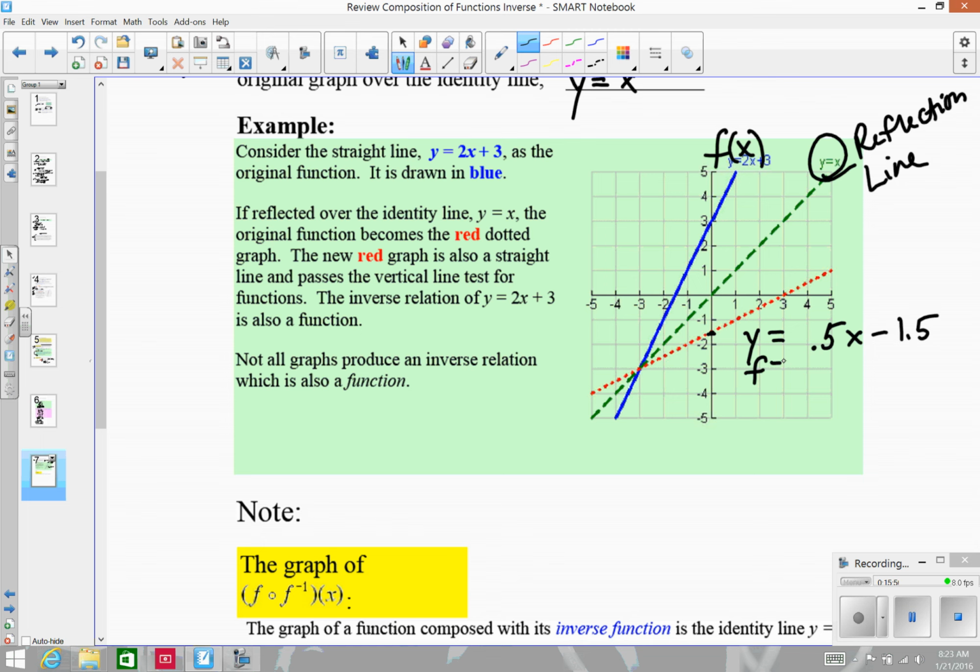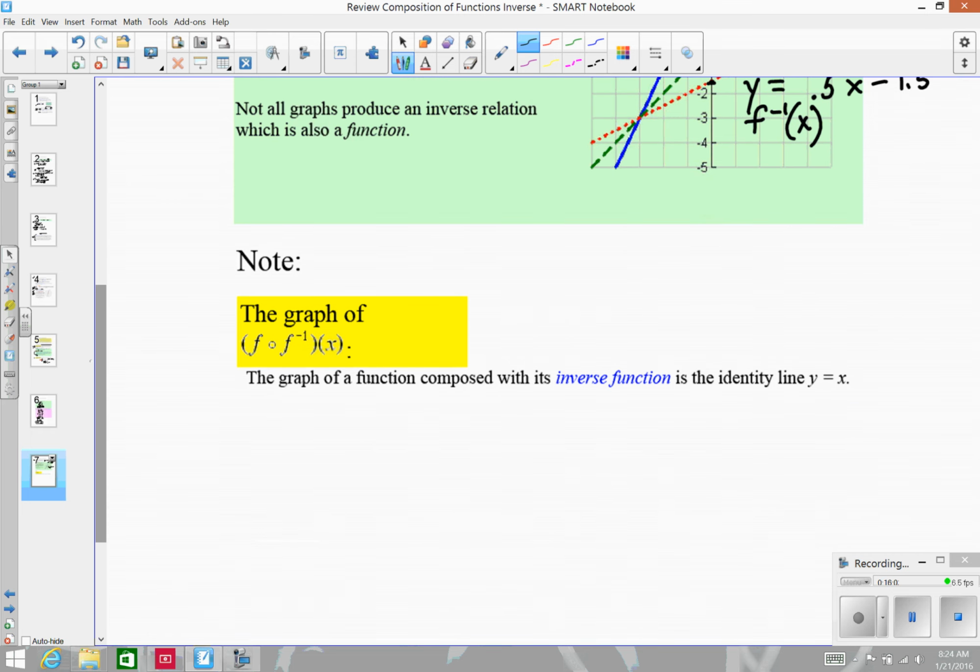I'm going to rewrite this one and call it inverse function of x. Looks like 0.5x minus 1.5. The reason I did that is because down here in this note, I want you to understand if I take the composition of a function and its inverse, in other words, f of the inverse function of x, I would take my inverse function, substitute it in for x in my f of x.